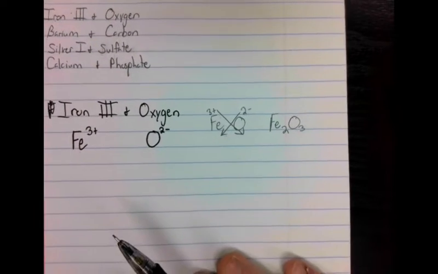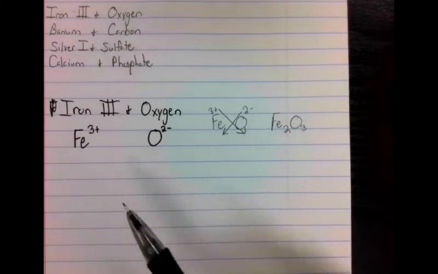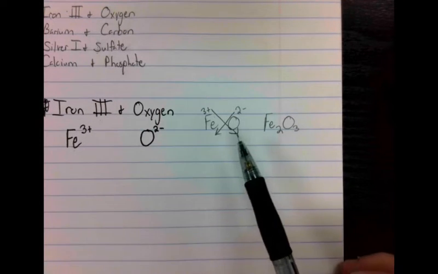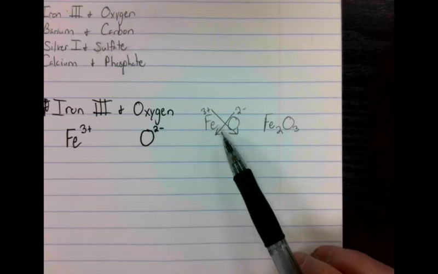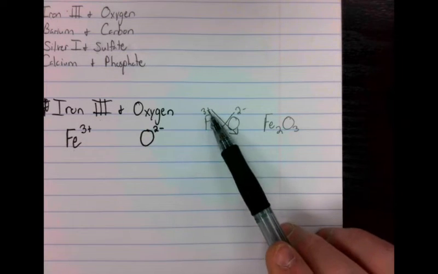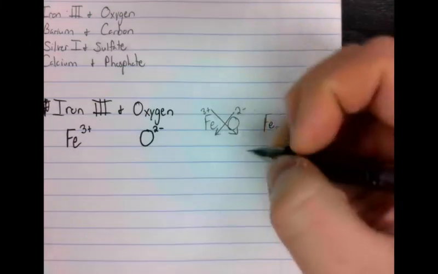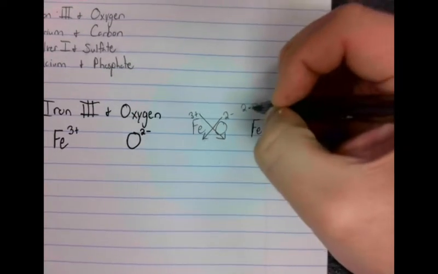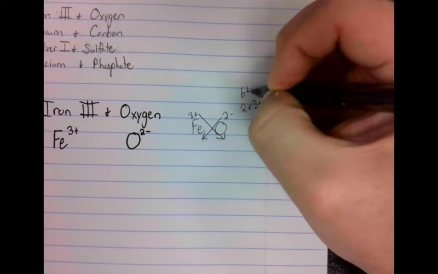Now, you could do that mathematically by just trying to figure it out, adding Fe's and adding O's until they cancel. But the easiest way to do that is to cross your charges. Fe has a plus 3, O has a 2 minus, so we're going to bring this 2 here and this 3 here. And if you check, 2 Fe's would be 2 times a 3 plus, which is a 6 plus charge.